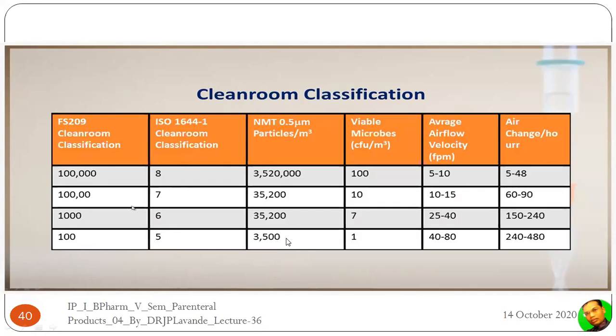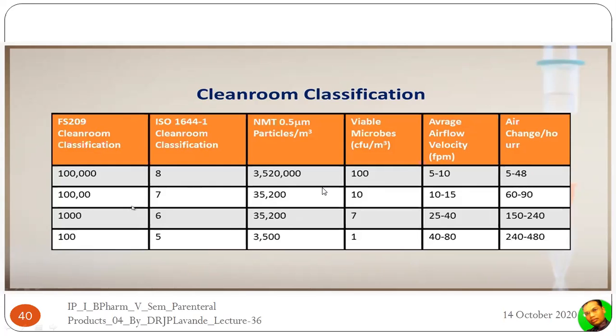In case of 100 it is 3500. In case of 1000 it is 35,000. In case of 1 lakh it is 3 lakh 52,000.